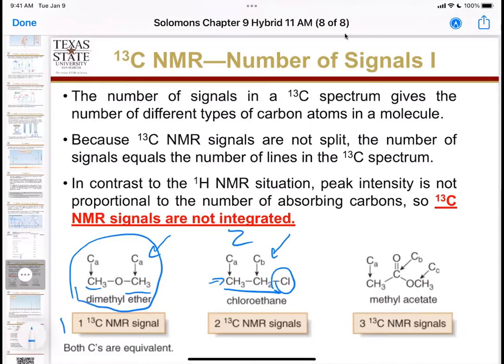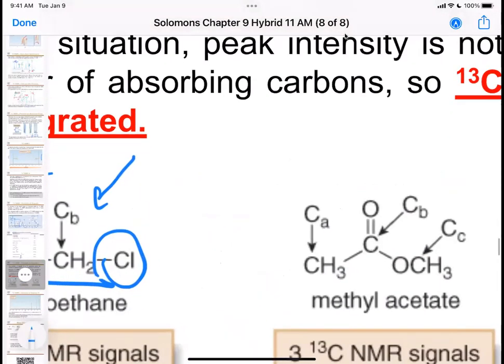Now, this is the one that kind of throws people off. In this one right here, how many hydrogen signals do we have? How many different kinds? We have hydrogen, hydrogen, so we're going to have 2 hydrogen signals. How many carbon signals do we have? 3.